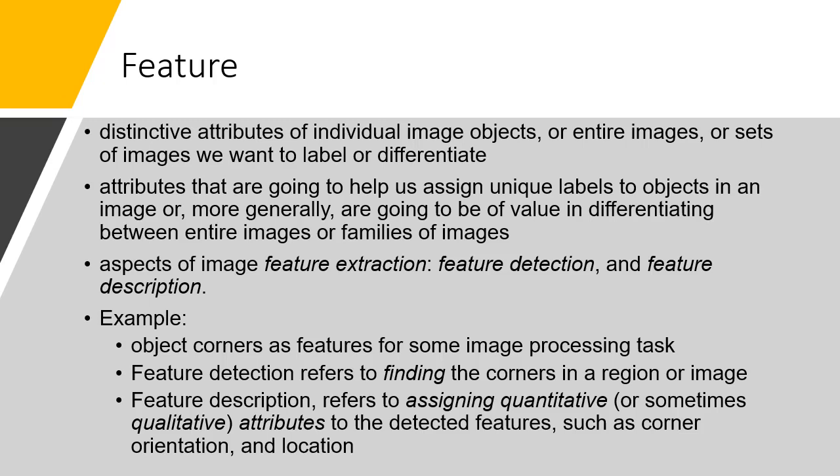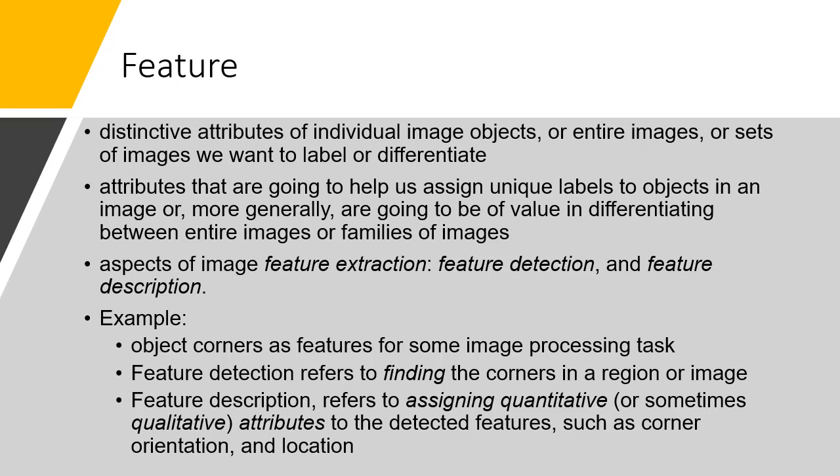We have a number of aspects for features. We could distinguish the major categories into two: feature detection and feature description. Take an example where we are considering object corners.